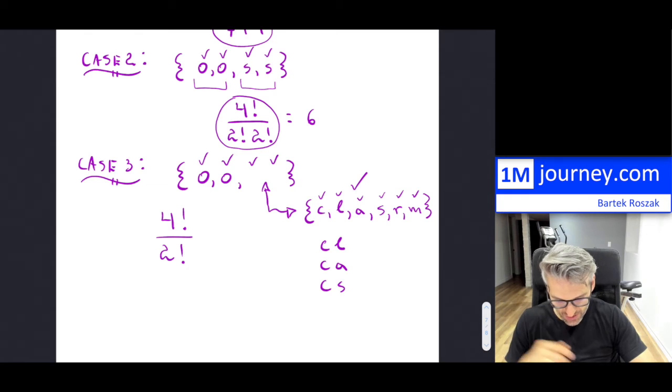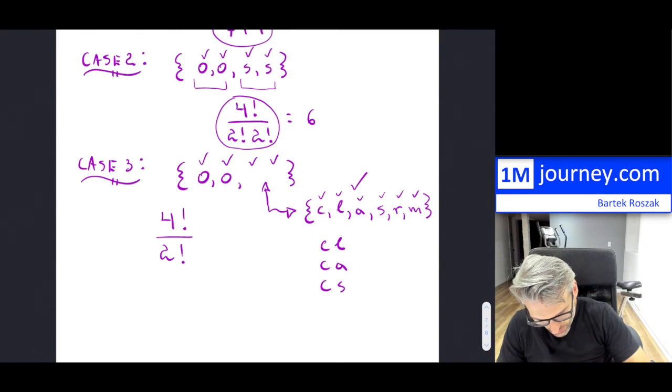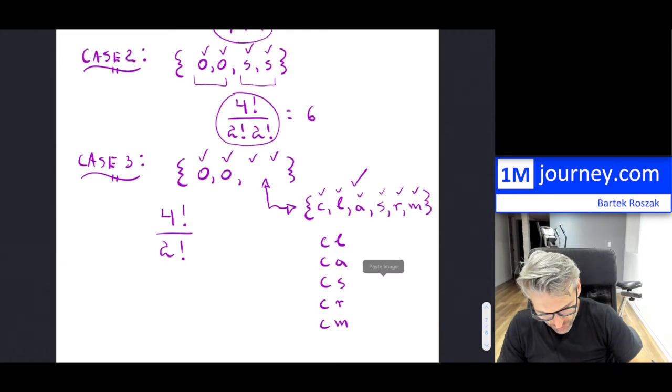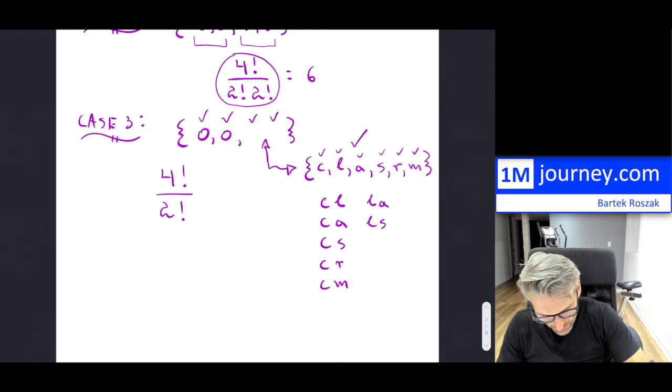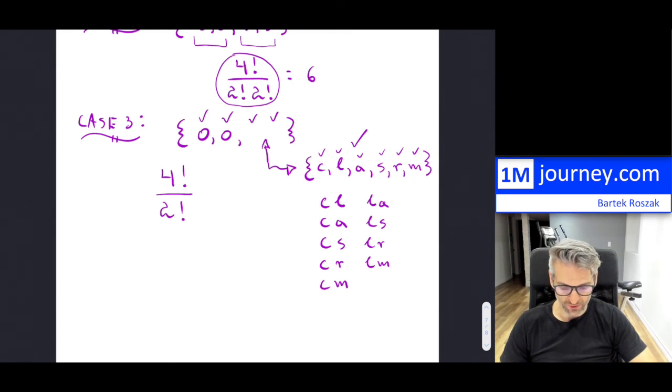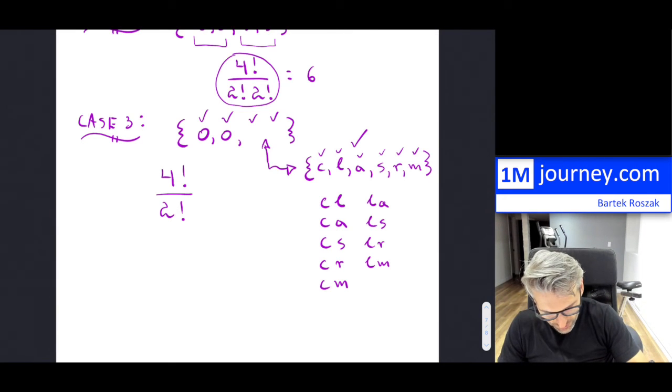So I have CL, CA, CS, and of course I would have CR and CM. So that takes all the C's in, and then I would do the same thing. So I can have LA, then LS, LR, LM. So that's all the different ones for that, and then I can do the same thing.